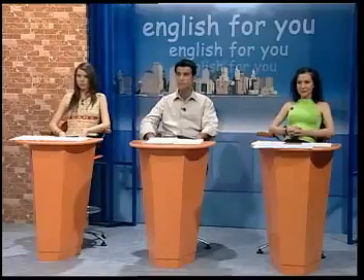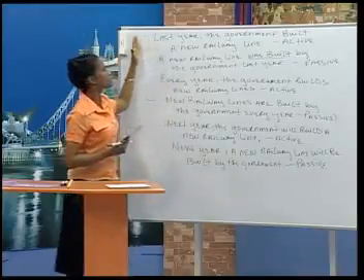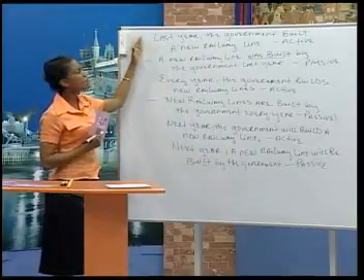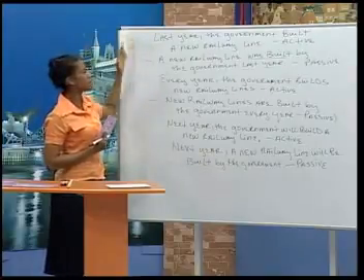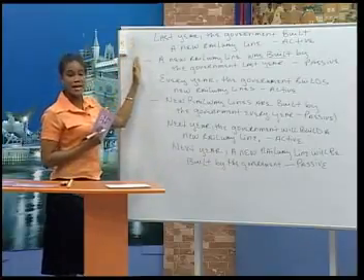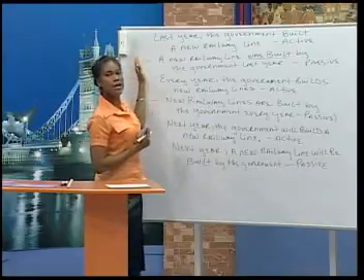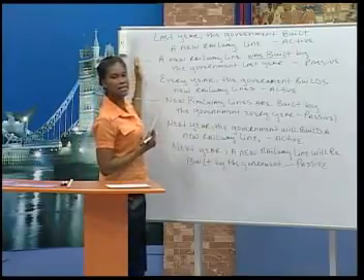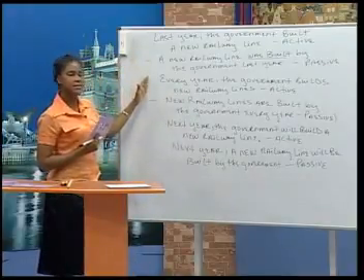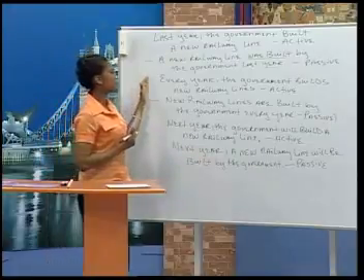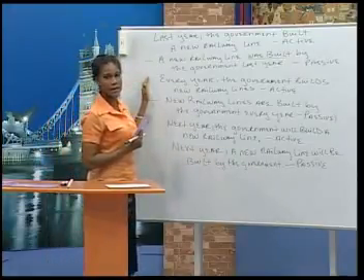Now let's review our work. Our first active sentence, in the past tense: last year, the government built a new railway line. Now we're changing it to a passive and it becomes a new railway line was built by the government last year. Our next active sentence, in the present tense: every year, the government builds new railway lines.